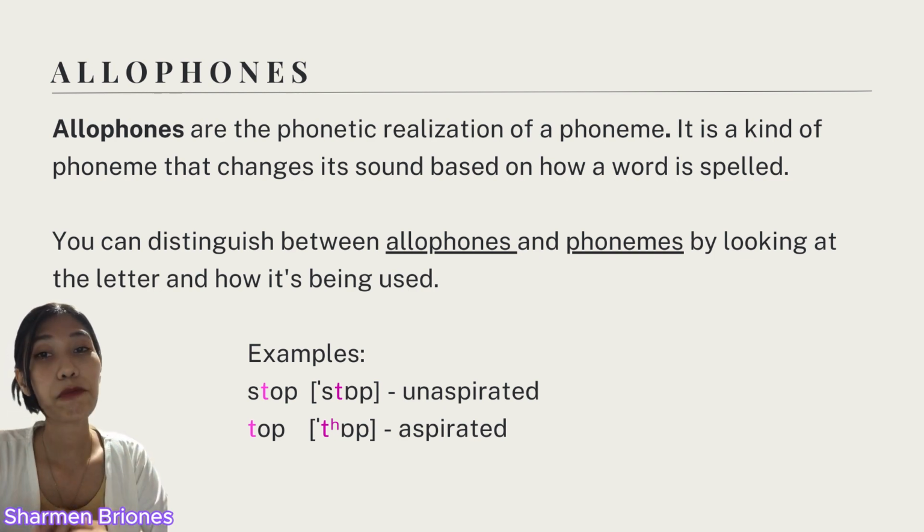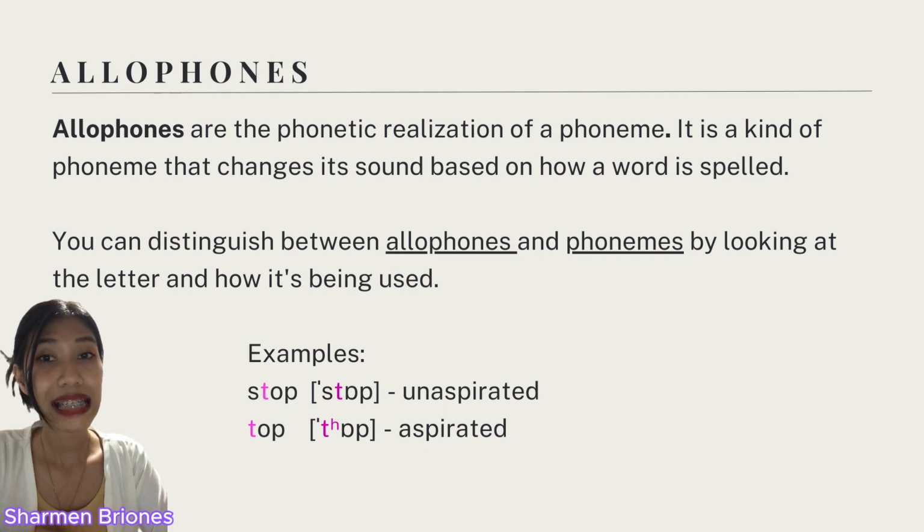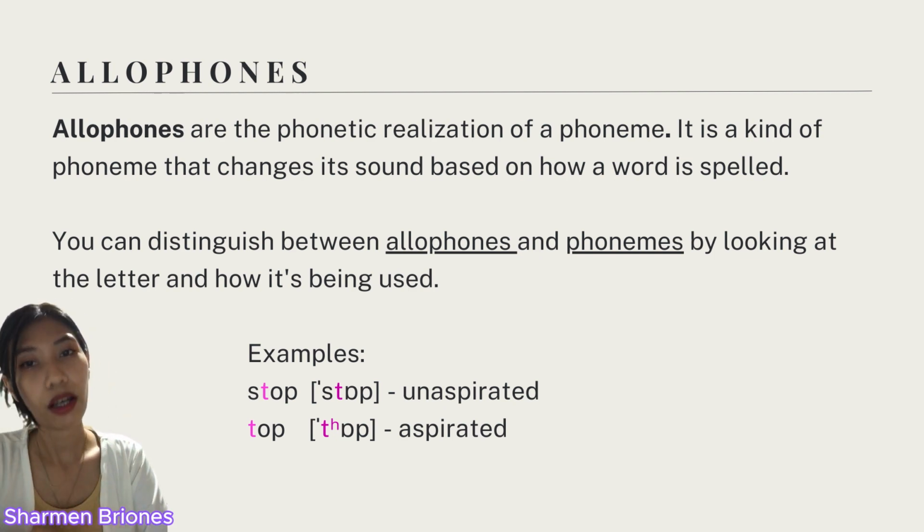If it's aspirated, like in top, you can feel that there's a puff of air. But when it is an unaspirated T, for example in stop, you don't feel any puff of air. That's the difference between aspirated and unaspirated.